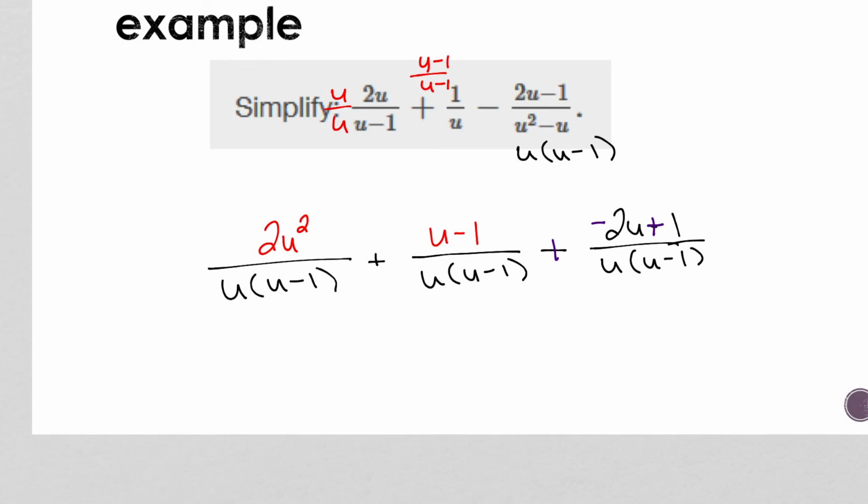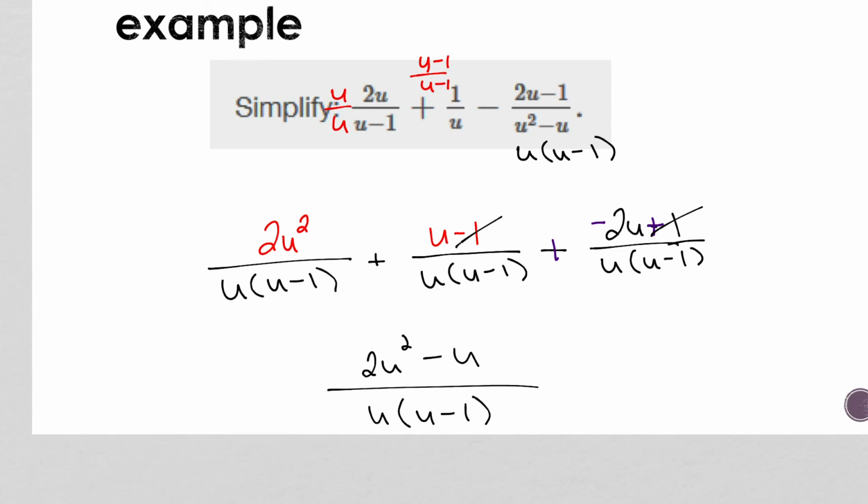So I've got 2u squared. Okay, my next like term will be positive u plus a negative 2u gives me a minus u. The next like term gives me negative 1 plus a positive 1, which is 0. So those just go away. They become 0.